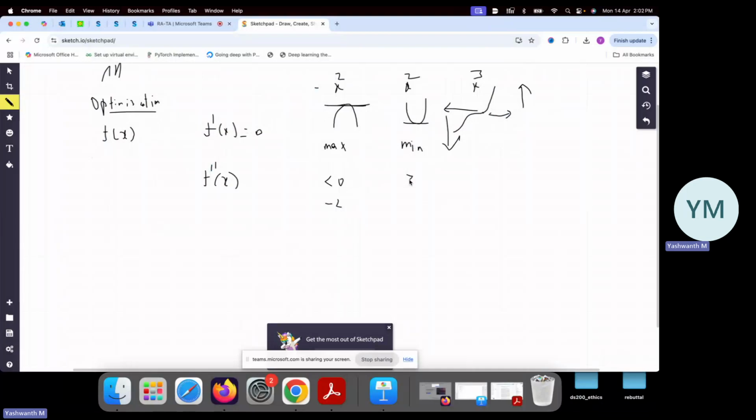And if it is positive, here it is 2, then you have a minimum. And here, it is 6x. So when x is positive, it is positive, and when x is negative, it is negative. So it changes sign along the direction of x, positive and negative. So we don't have any maximum or minimum. It's called a saddle point.